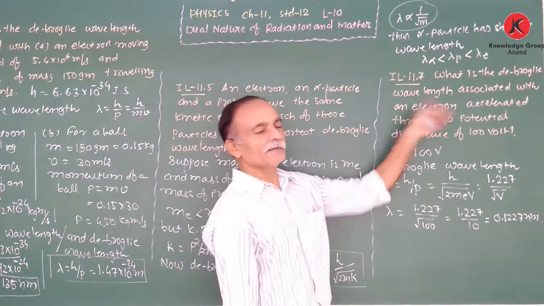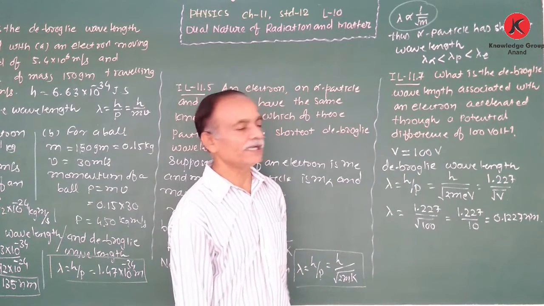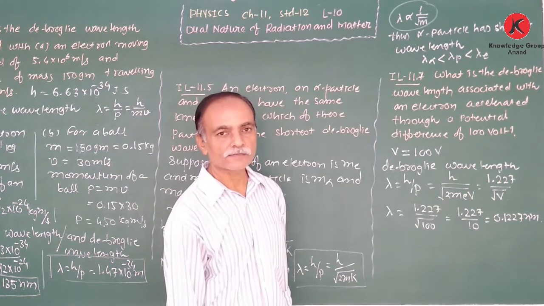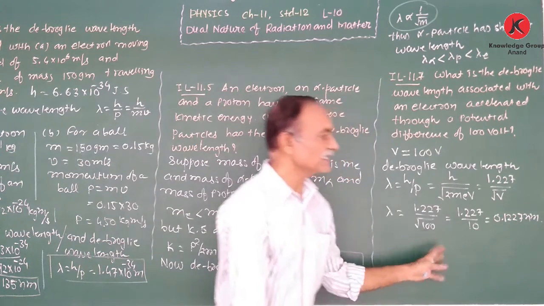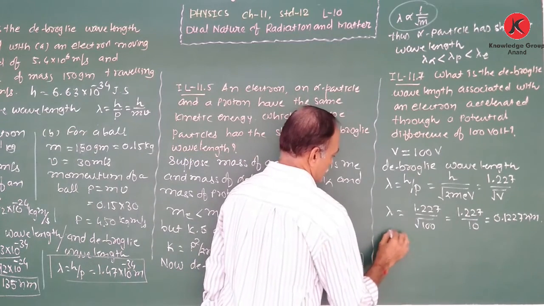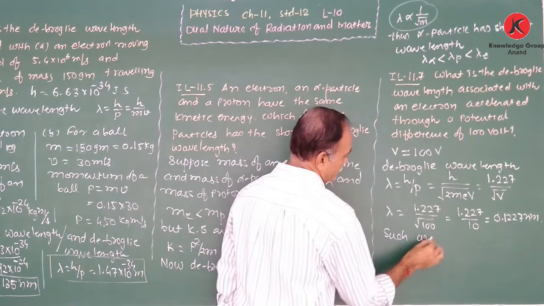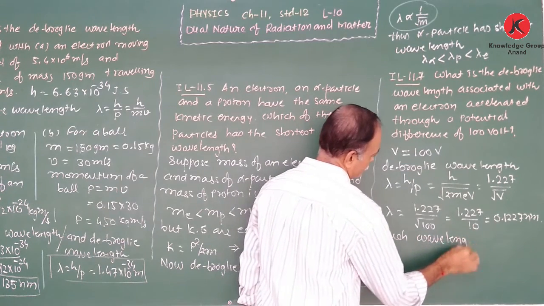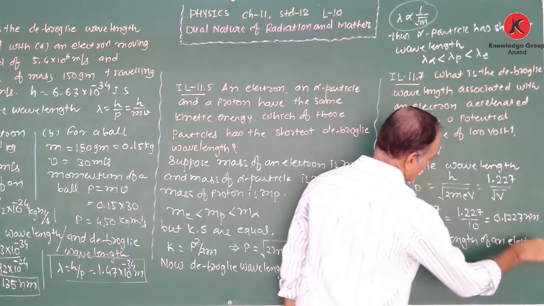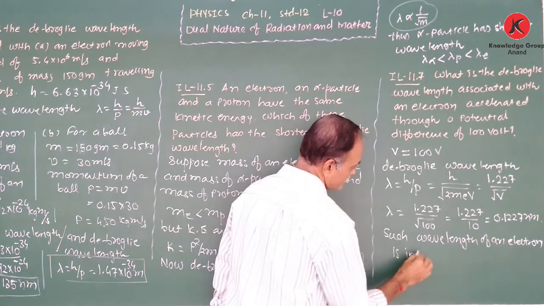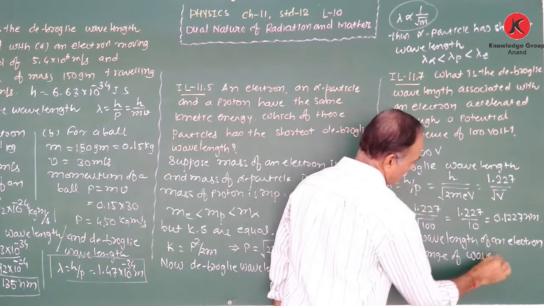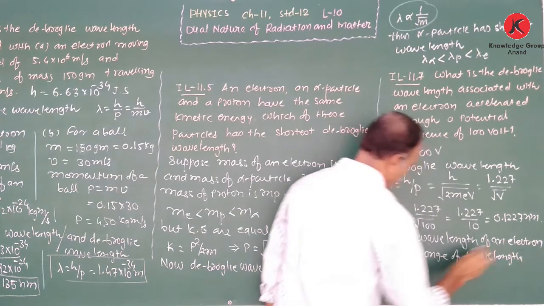Thus, we find the wavelength of the electron accelerated by a potential difference of 100 volt. This wavelength is in the order of the wavelength of X-ray. Such a wavelength of an electron is in the range of the wavelength of X-ray.